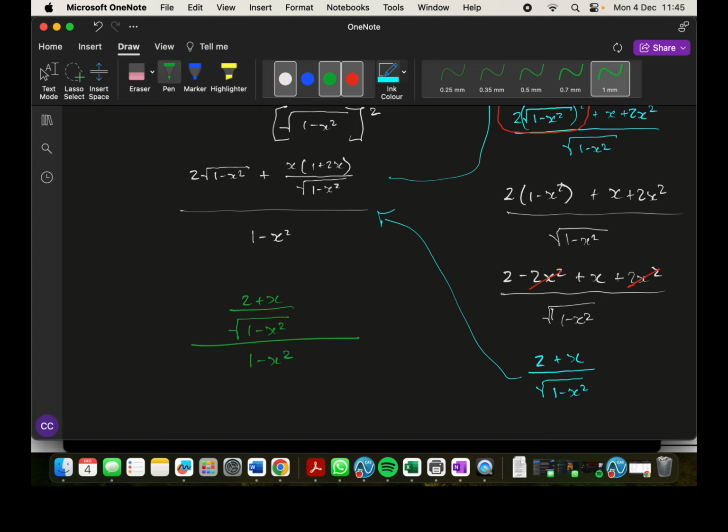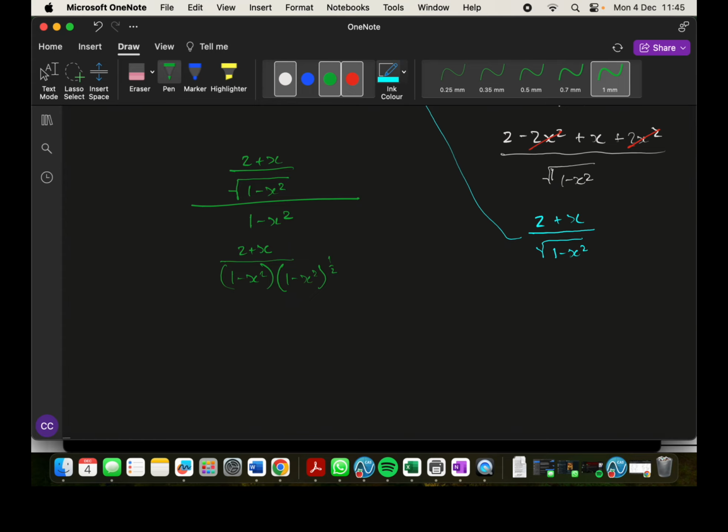Well, that denominators, we're just going to combine those denominators, so I'd end up with 2 plus x over 1 minus x squared times 1 minus x squared to the 1/2 power.